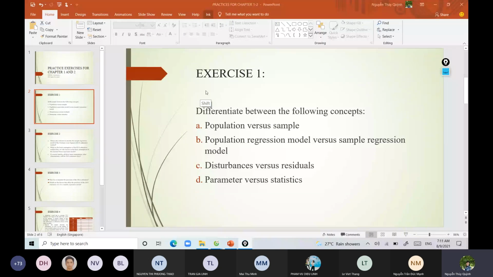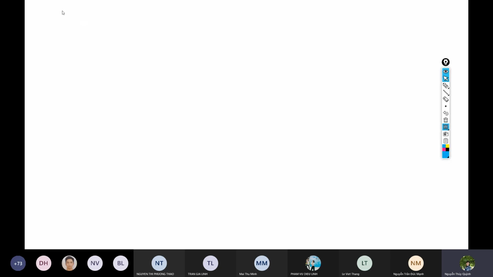Okay. You mean giving an example of the population regression model? No, just write down the form. Just write out the form of a population two variable regression model.